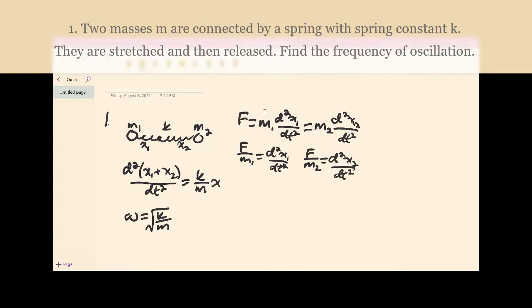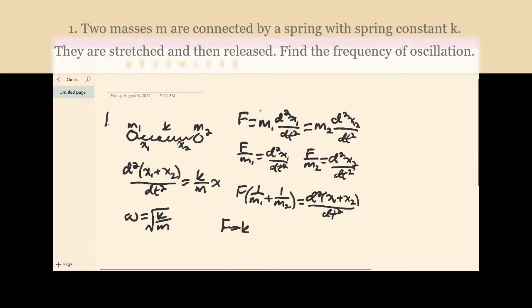Okay, so now we can just add these two equations together, which gives us F times (1 over m1 plus 1 over m2) is equal to d squared (x1 plus x2) over dt squared. So now we know that this F is for the entire system, and for a spring, the force F is just equal to kx.